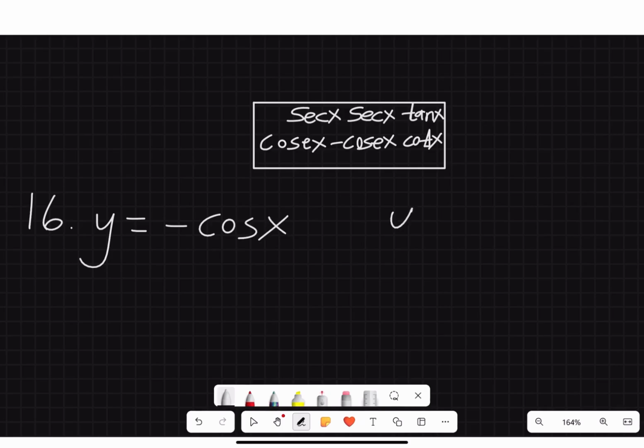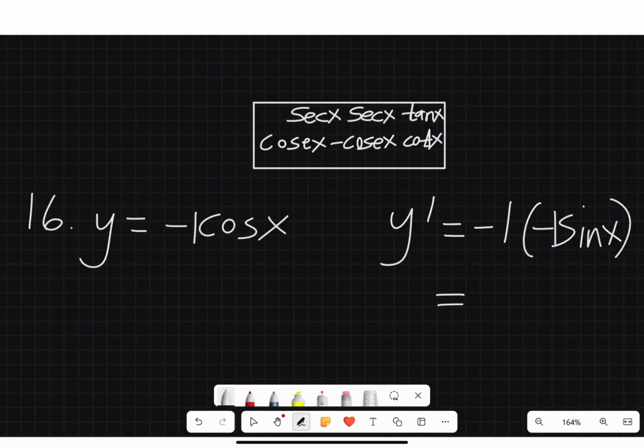So the derivative would be, remember here we have a negative 1 which remains, and then the derivative of cos is negative sine. So I'm going to have negative sine in brackets. But also here there's a 1 which gives me positive 1 when I multiply this one and that one. So the answer would be sine x.